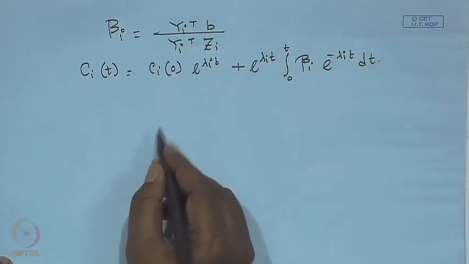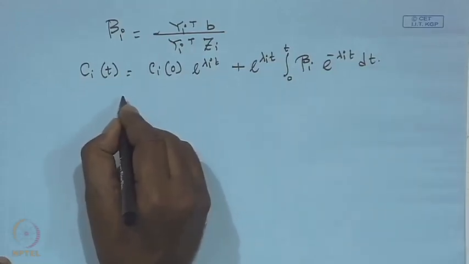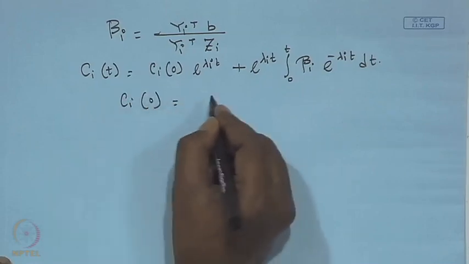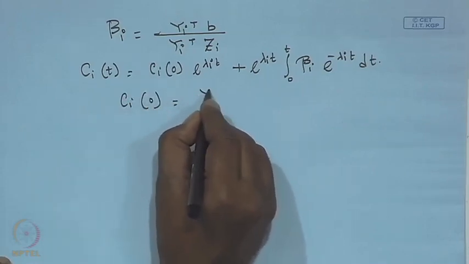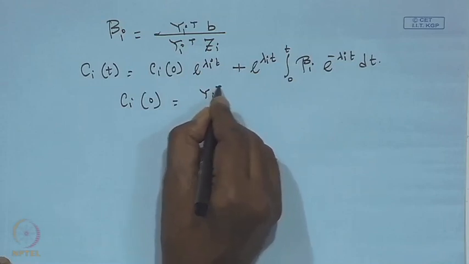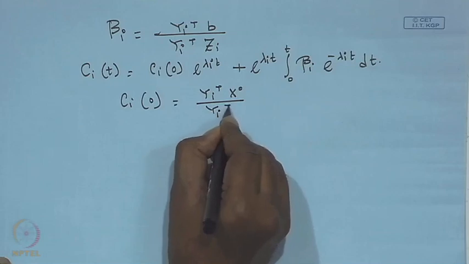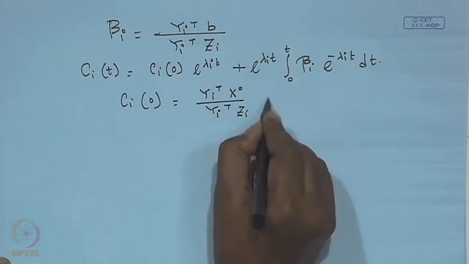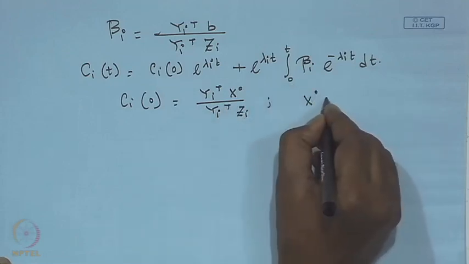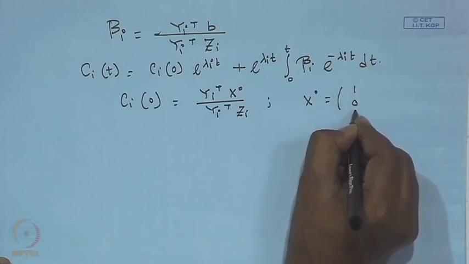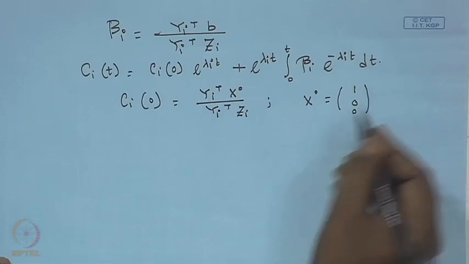The element C_i(0) will be y_i transpose x naught divided by y_i transpose z_i, where x naught is the vector of the initial values C_A f, C_B f and C_C f.